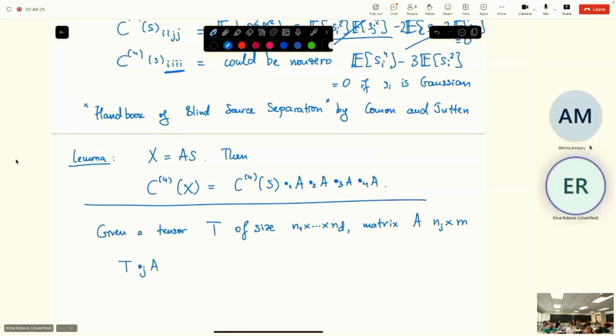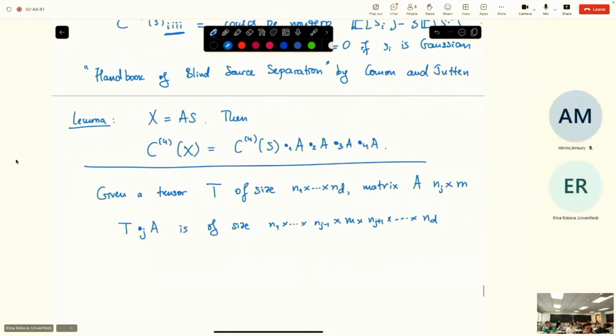It is defined as a tensor of size n1 by ... by nj-1 by m by nj+1 ... by nd, and is given by (T dot_j A) entries. It's just the same as matrix product.